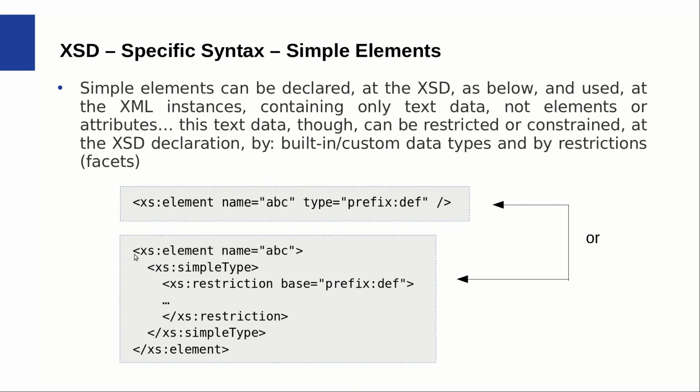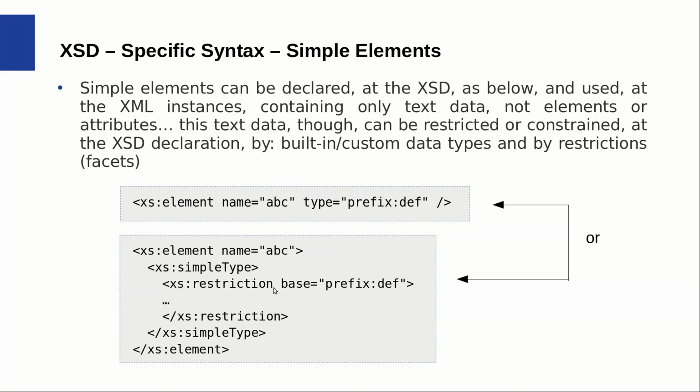So I'm declaring also an xs:element, naming it using the name attribute. But now, instead of using the type attribute, I specify the type inside or nested to the element declaration using the xs:simpleType element, and also nested to the simpleType element the xs:restriction element, as you can see here.